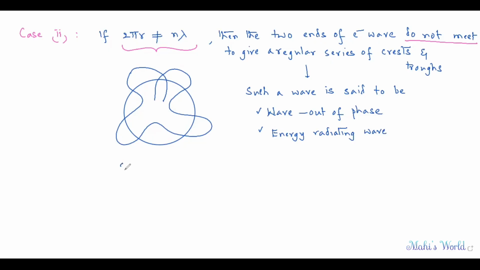Now, such a wave does not exist because it is radiating energy. And by radiating energy continuously, at one point in time, it may fall into the nucleus. But no, it is not happening in the real sense. Electrons are happily revolving around the nucleus in the specified circular orbits. So, if they have to revolve in that way, then they should not radiate.